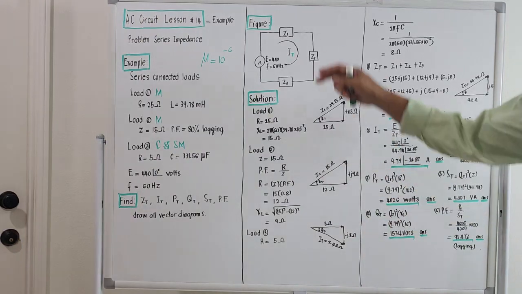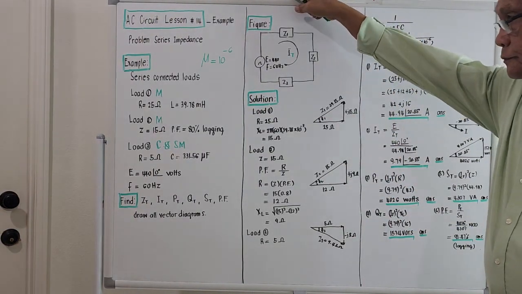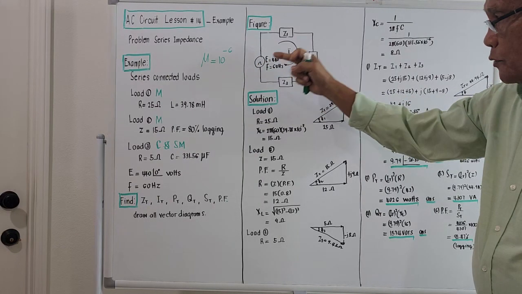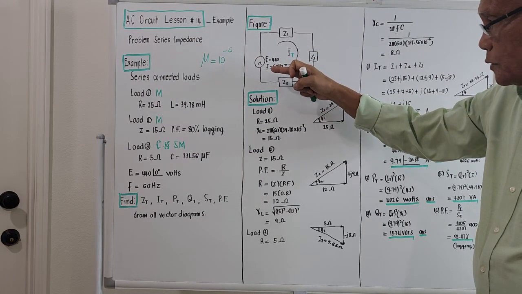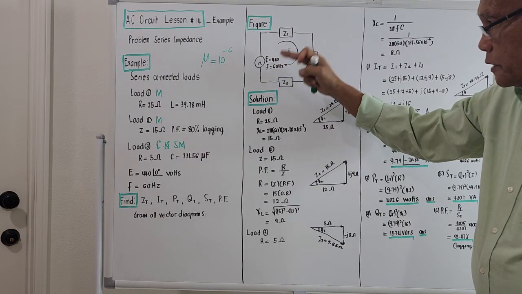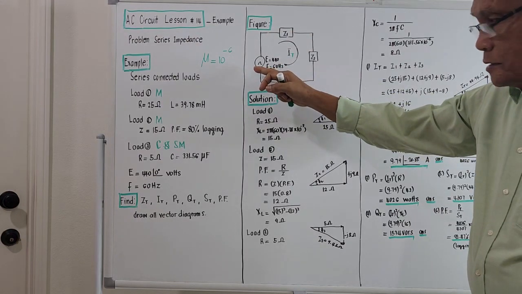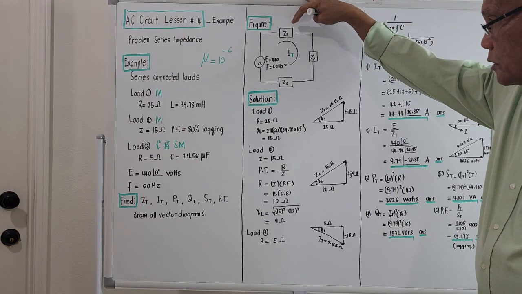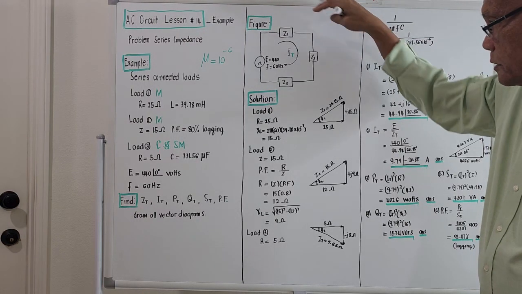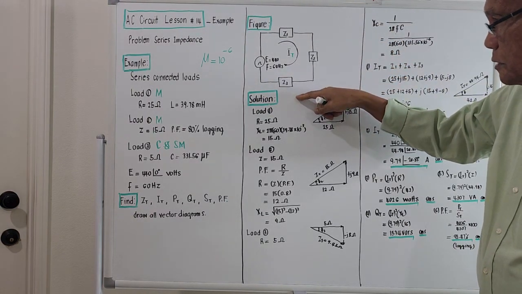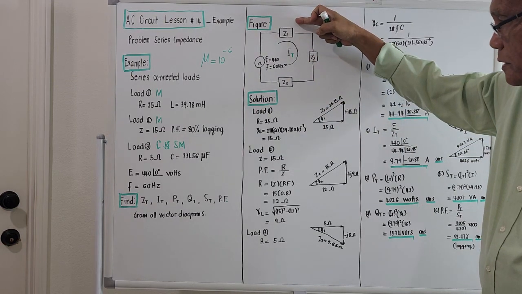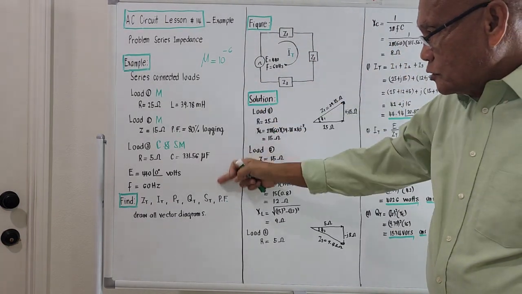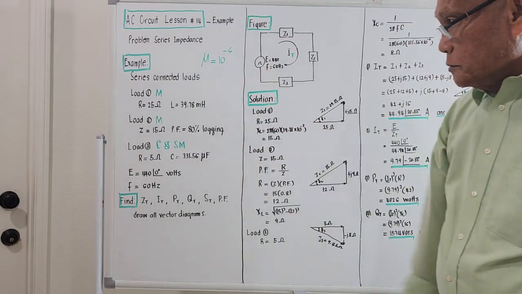Let's try to bring out the figure: an alternating current source, voltage is 440, frequency 60 Hz, connected in series with three impedances or three loads, designated by Z1, Z2, and Z3. So this could be load number 1, load number 2, or load number 3, and we are given the specifications of the 3 loads.